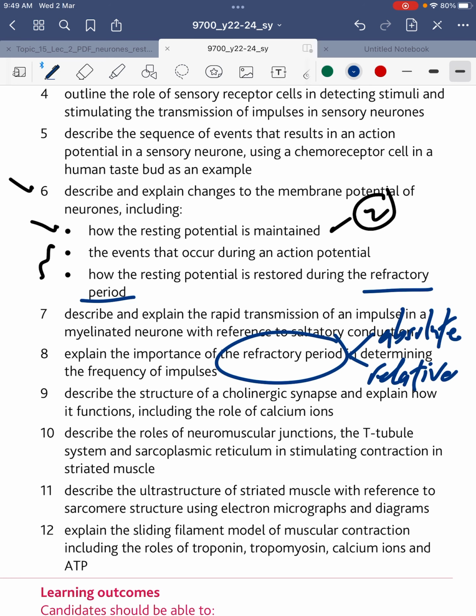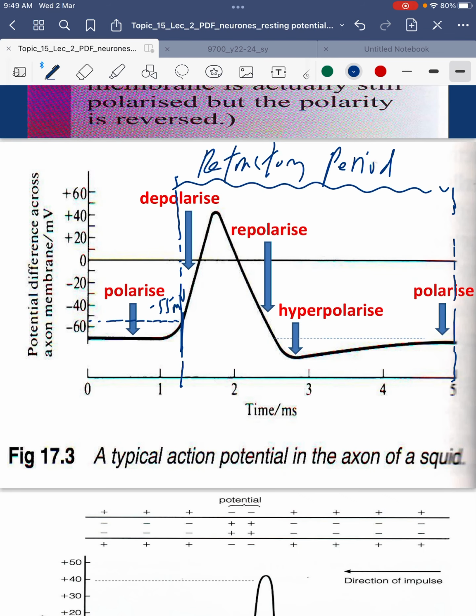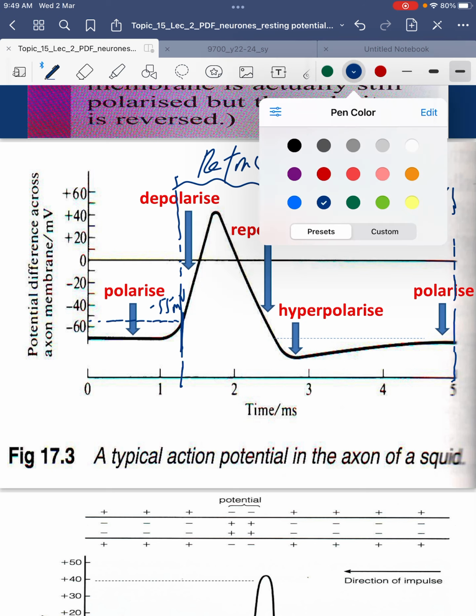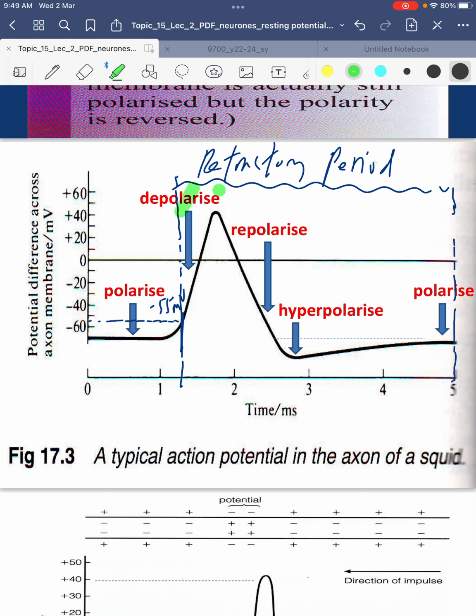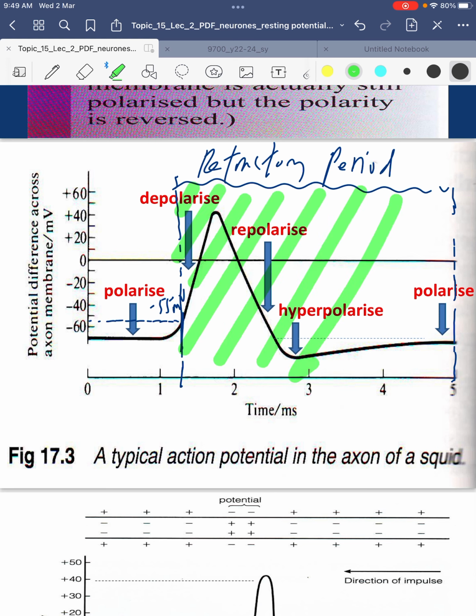But just to show you where this refractory period is, the refractory period is in this area here, from about minus 55 millivolt.